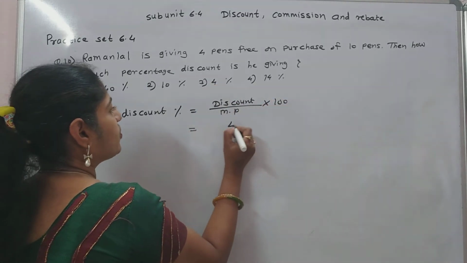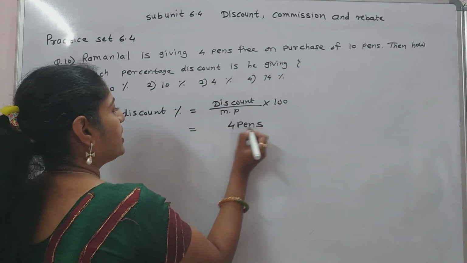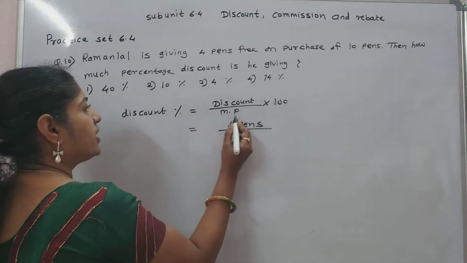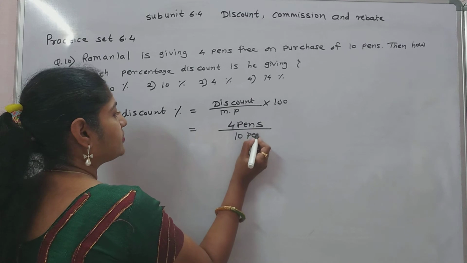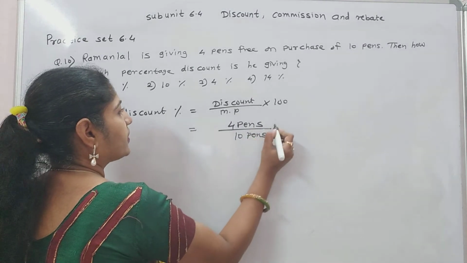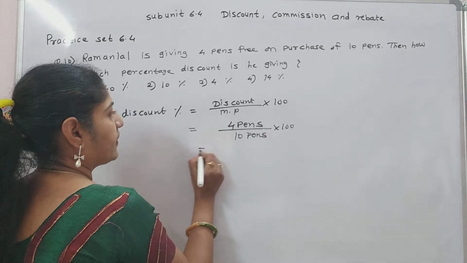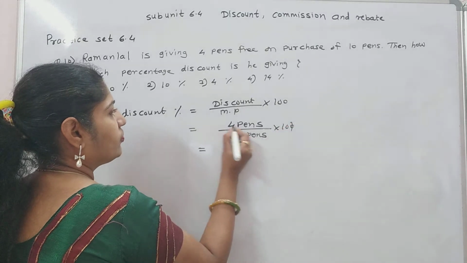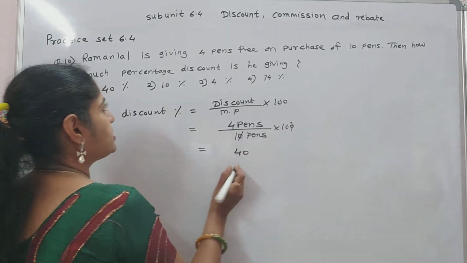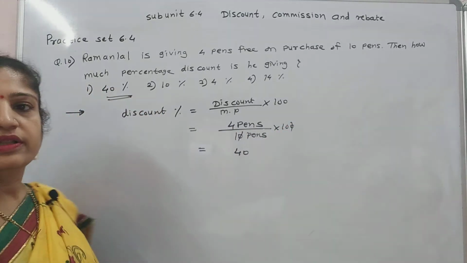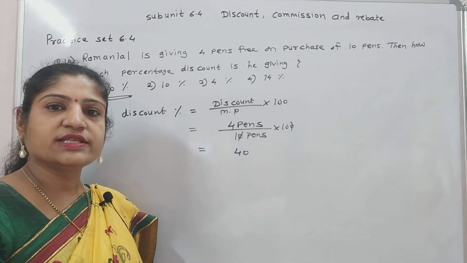Discount, that is 4 pens. Directly I write the pens, not a value. 4 pens on 10 pens into 100. Zeros are cut. 4 into 10, that is 40%. The discount is 40%.